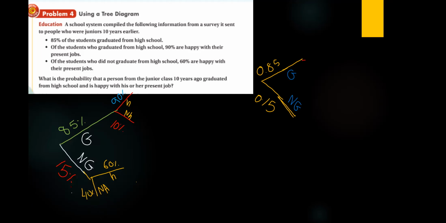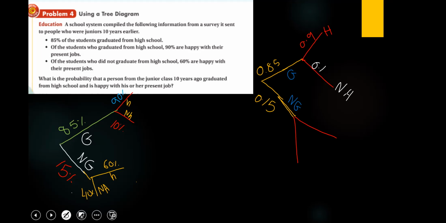Then 0.9 are happy, and 10%, sorry, 0.1 are not happy, and we have 0.6 are happy, and 0.4 are not happy.